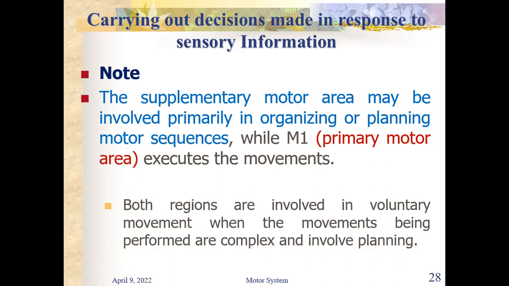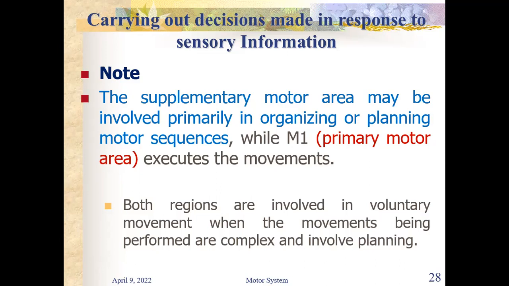So the supplementary motor area may be involved in planning, organizing, and executing movements, while the primary motor cortex executes the movements. Mainly, both regions, the supplementary and the primary motor cortex, also known as M1, are involved in voluntary movements when the movements being performed are complex and involve planning.